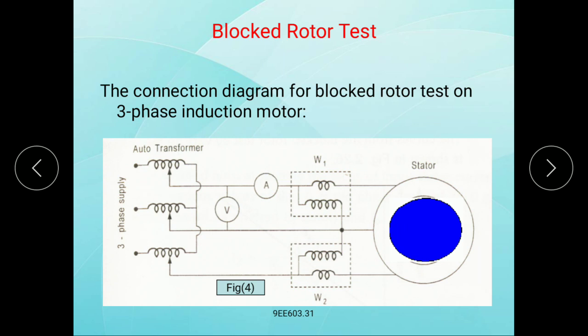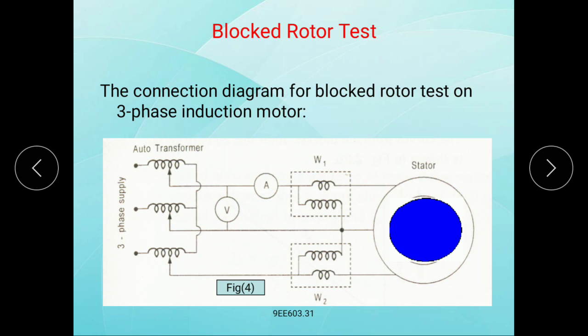So now, the three-phase supply is connected to the auto transformer, and this is the voltmeter. It measures the voltage between these lines, and the ammeter measures the load current. These wattmeters are connected. Here this is the current coil, this is the pressure coil.